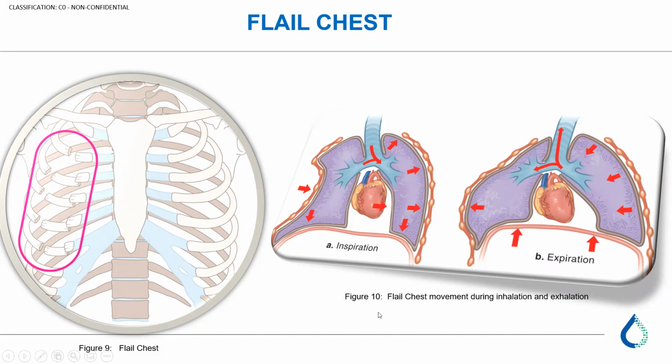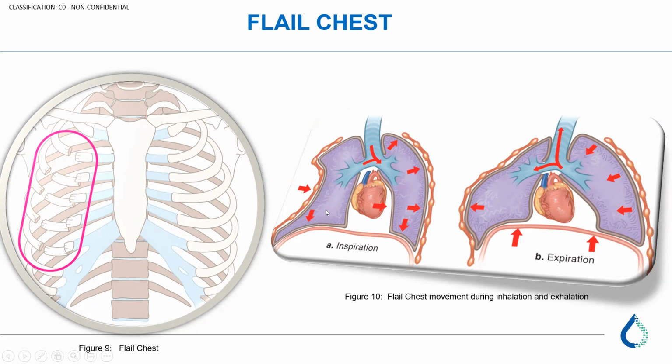So look at figure number 10. We call it the paradoxical chest movement during inhalation and exhalation. Normally, if we breathe in, the air will come through the mouth and go to the trachea. So what will happen if we breathe in? Just on your chair, breathe in. What will happen to your thorax? What will happen to your chest? It will expand, correct?